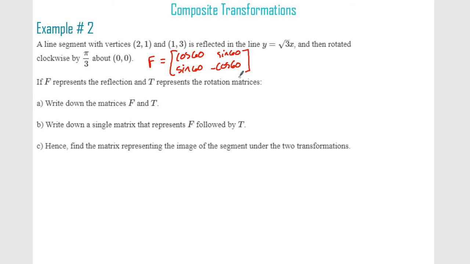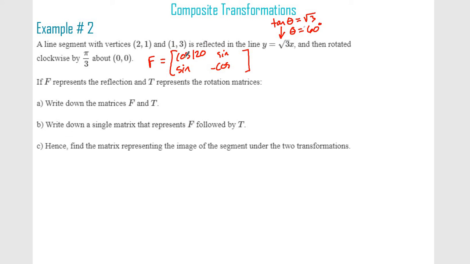Sorry, I guess I should have reiterated that tangent of what is square root of 3, so that's how I got my tangent is 60. Okay, so this should all be, what I get for not paying attention to what I was doing. I was trying to go too fast.